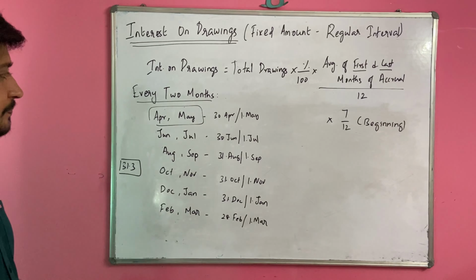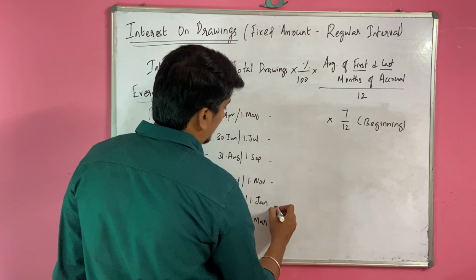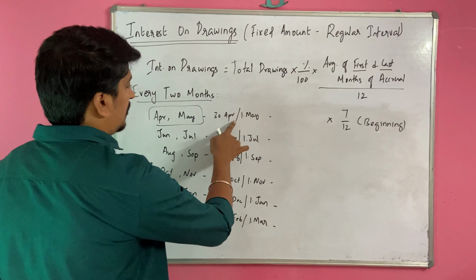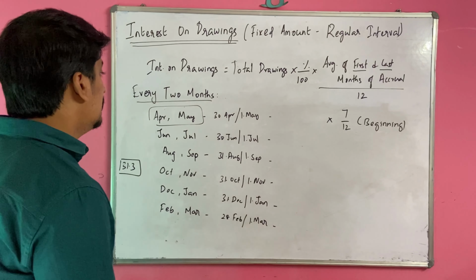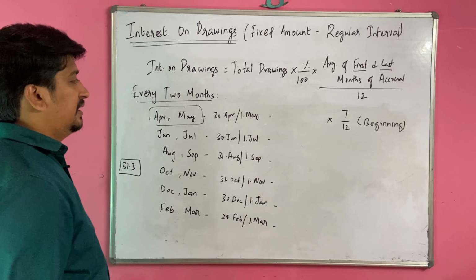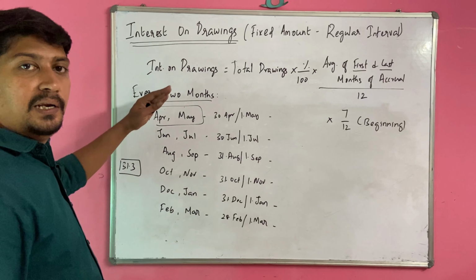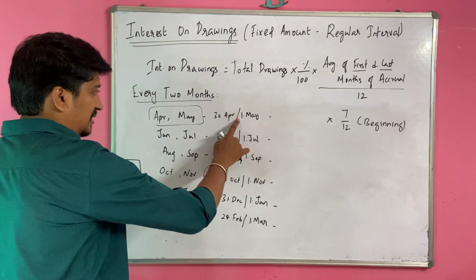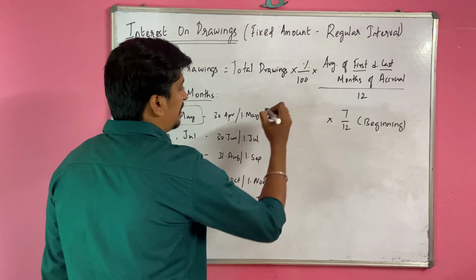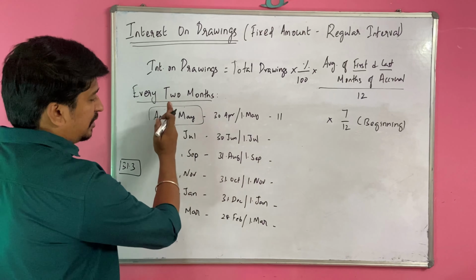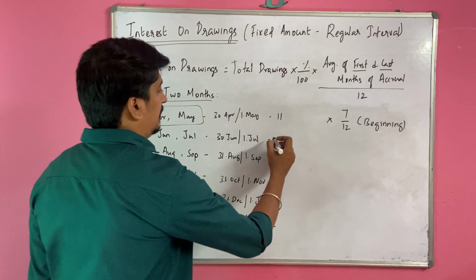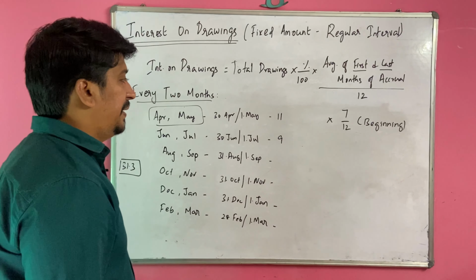So let's calculate the months of interest accrued for each drawing, the amount drawn on this date. For the amount drawn on this date, either this or this, April is over, the remaining 11 months are there. So for this drawing he has to pay 11-month interest. Here April, May, June over, so the remaining 9-month interest he has to pay.